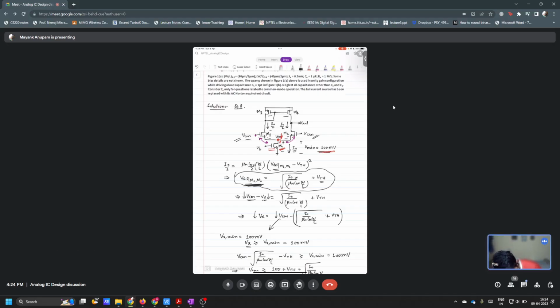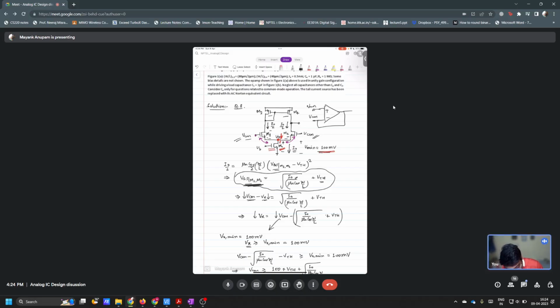For this question, you assume that these two are shorted like this. Let's say this is the op amp, then this is plus, this is minus. You assume that this is in this manner, and these two are VCM.